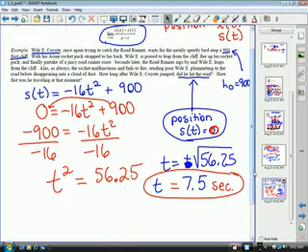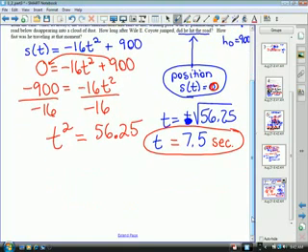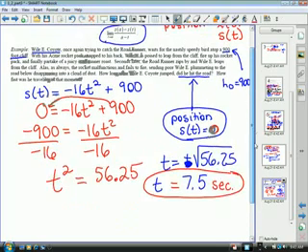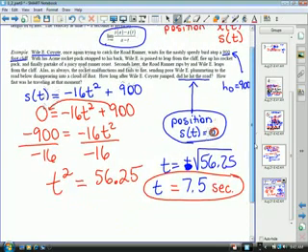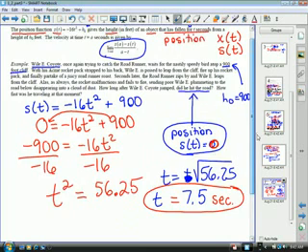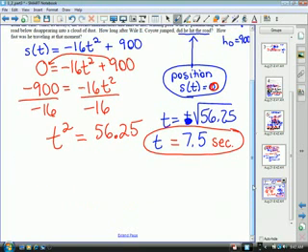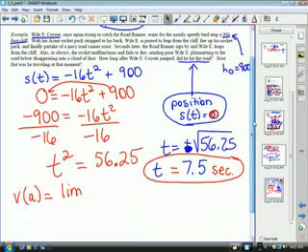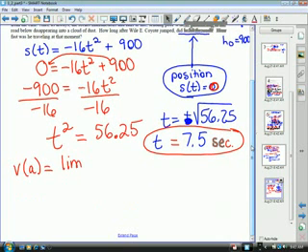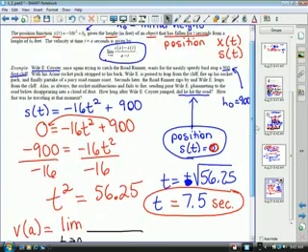So this is where that little limit comes in. It said up there at the top, to get velocity at t equals a, velocity at time equals a, it was the limit of t approaches a, and what did it say it was?